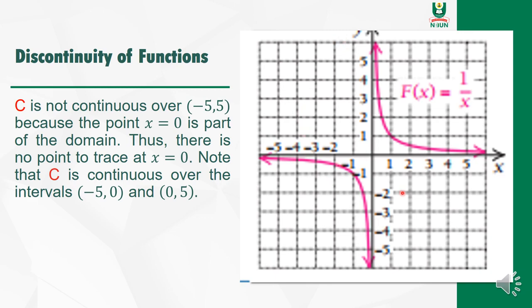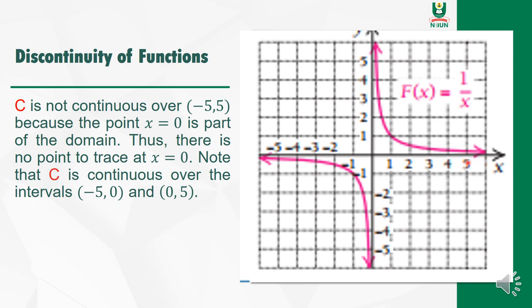Let's say this graph represents graph C. I will say it's not continuous over the interval [-5, 5]. If you consider this graph, we have -5 here, we have 5 here. The interval is on our x-axis, between -5 and 5.